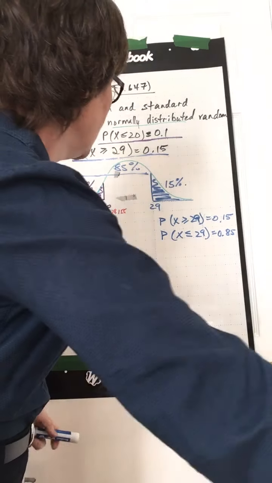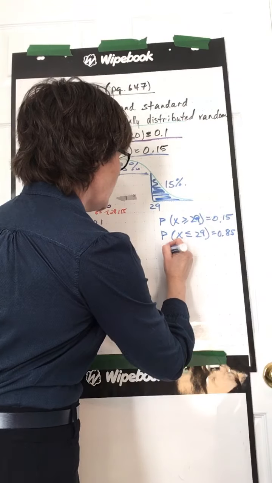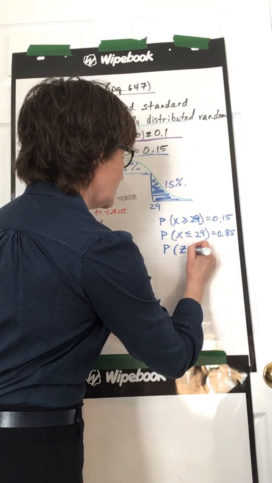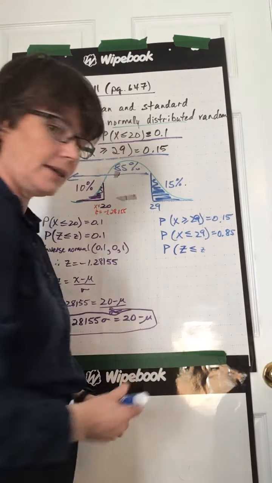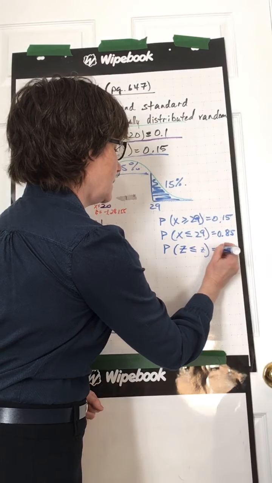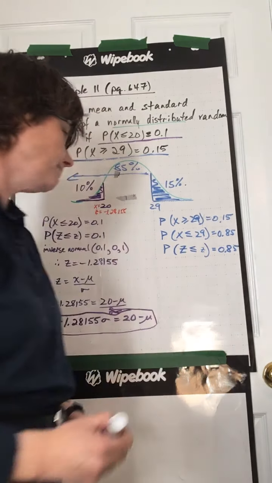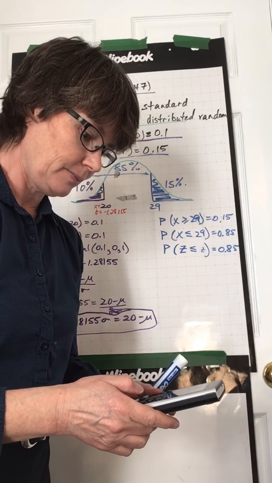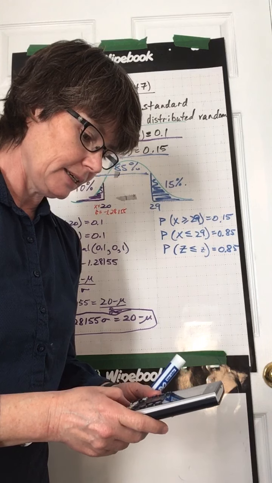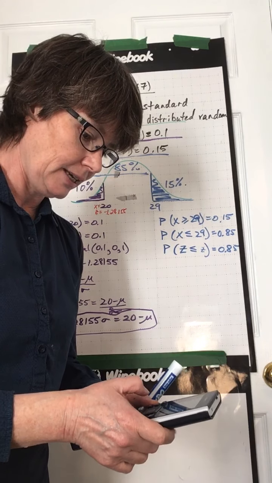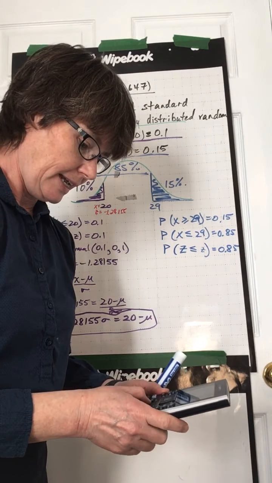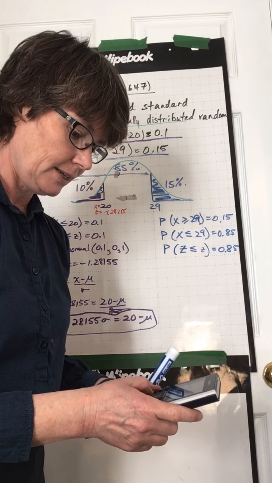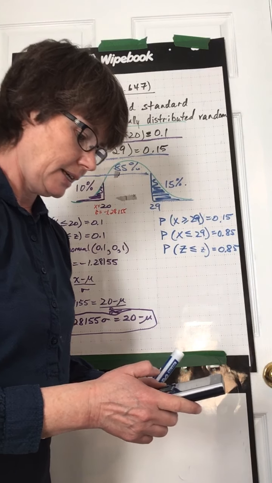So we want to say probability that z is less than or equal to what little z, what z-score, 0.85. Calculator, menu, probability distribution, normal, inverse norm, 0.85.